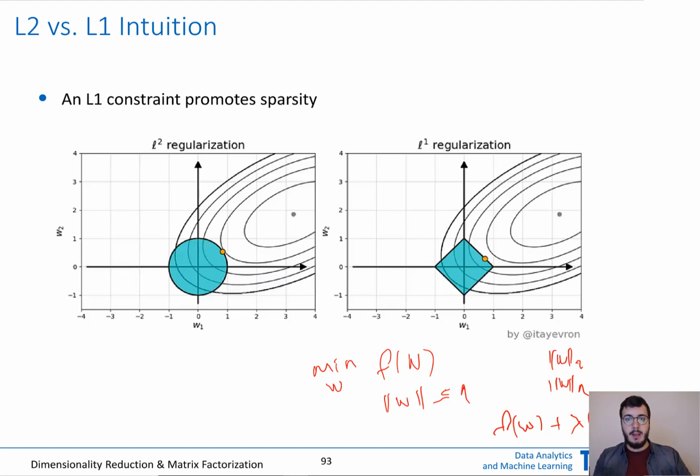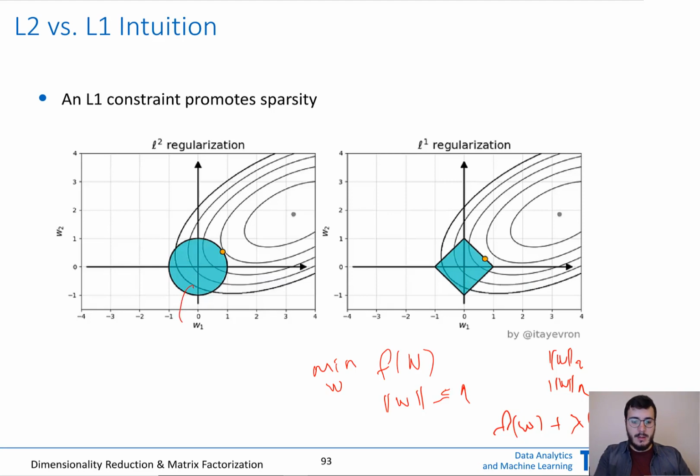We see in the illustration the objective function, which is shown with these contours. And then we also see the constraints: the parameter vector w is two-dimensional. It has two components, w1 and w2, and we're enforcing that the norm of the parameters is less than 1. This is encoded with these two shaded regions.